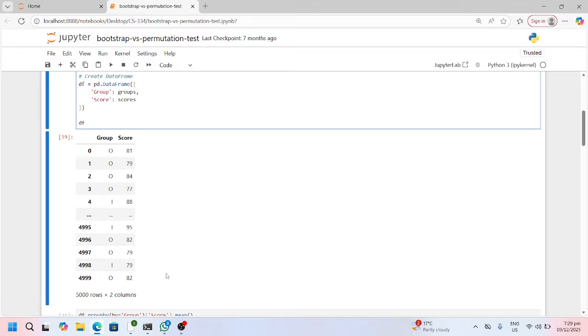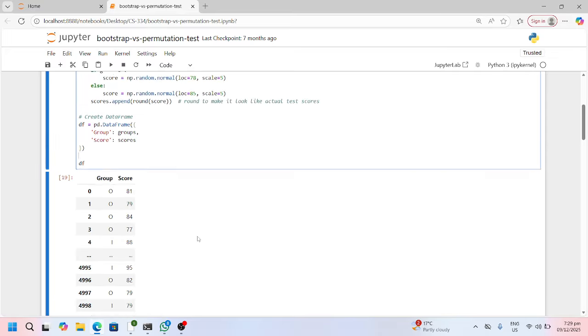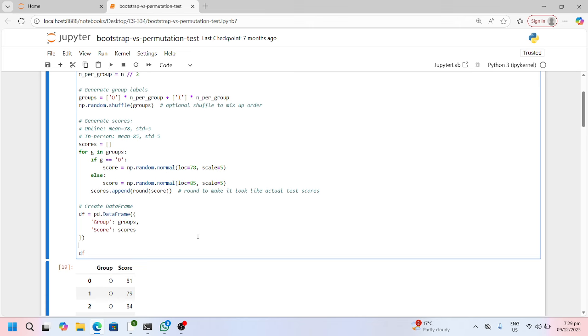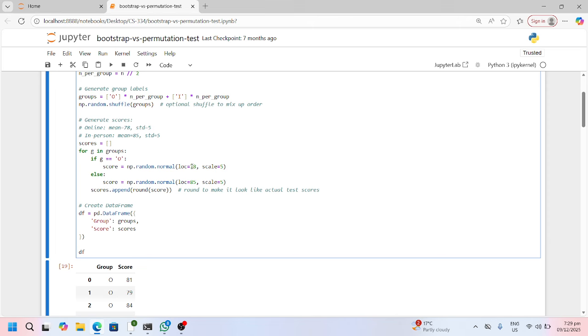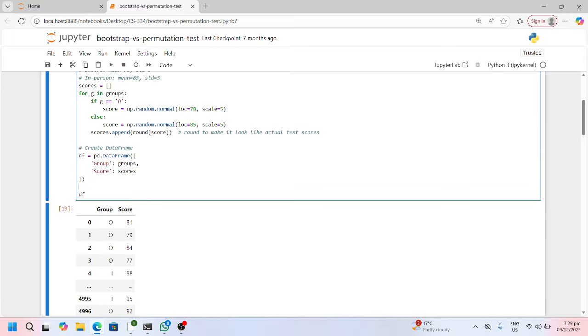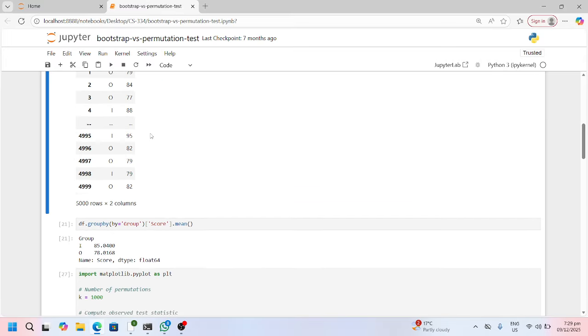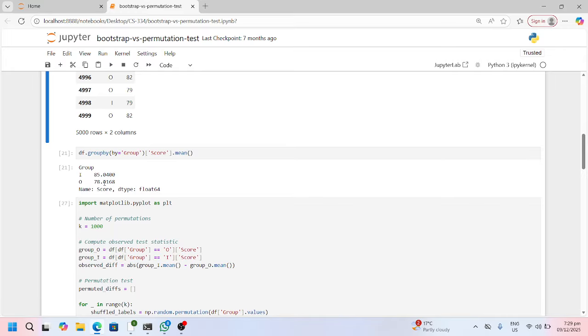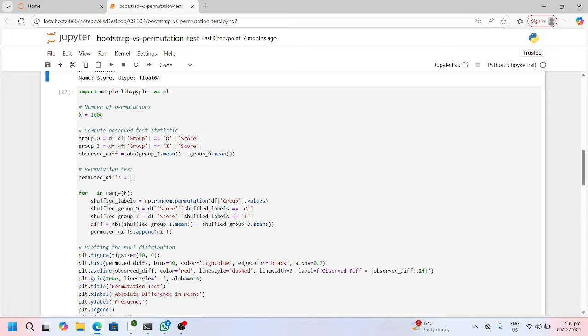This is my generated data, where I have the scores for group O and the scores for group I. I generated this data systematically, scaling around certain values, so that the mean of group O is lower than group I. I did this intentionally, which means that there is an effect. I'm going to try and identify that effect.